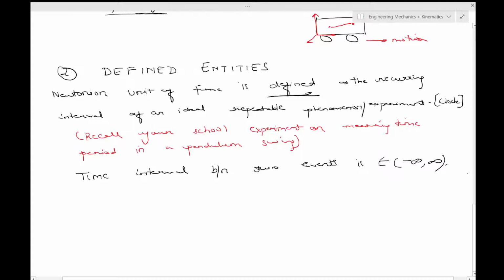Now since this is the first definition of time which you have seen, let's move to the other one, that's called reference frame.